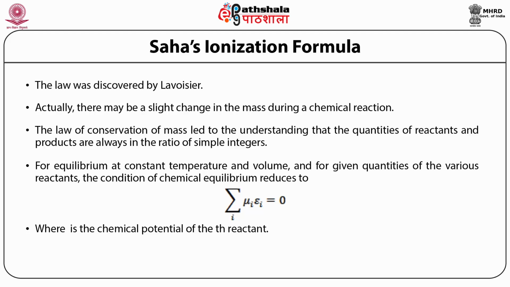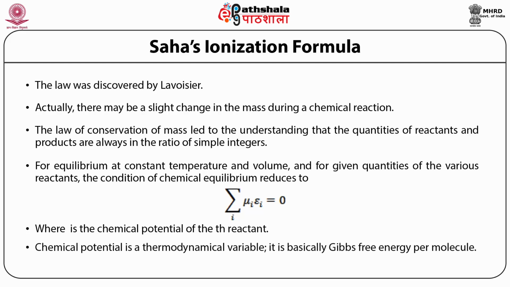A chemical reaction is an equation in which the reactants react together and give some output, which are the products. Chemical potential is a thermodynamical variable. It is basically the Gibbs free energy per molecule. It turns out that the above equation is an essential condition for chemical equilibrium.